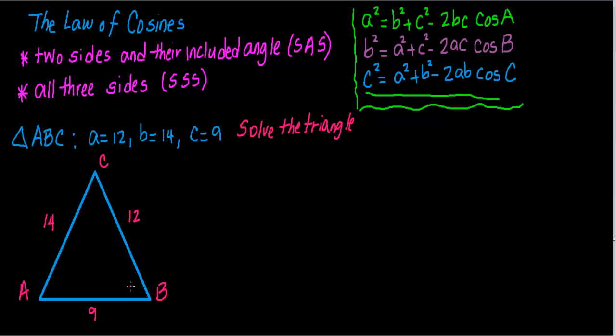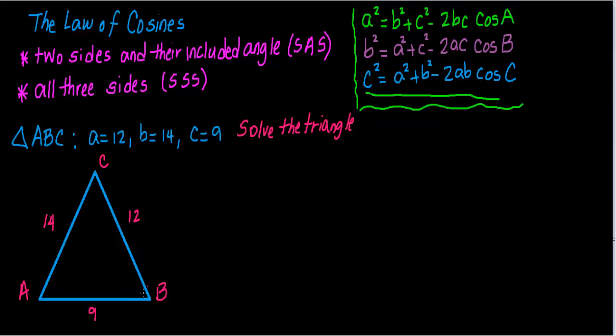Now, that gives me some suspicion that angle B might be obtuse. If this angle might be obtuse, I'm not going to use the law of sines to find it, because sine will not give me an output that's greater than 90. So keeping that in mind, I should just get rid of this preoccupation and solve for this angle using the cosine law right from the get-go, and then I don't have to worry about it anymore.